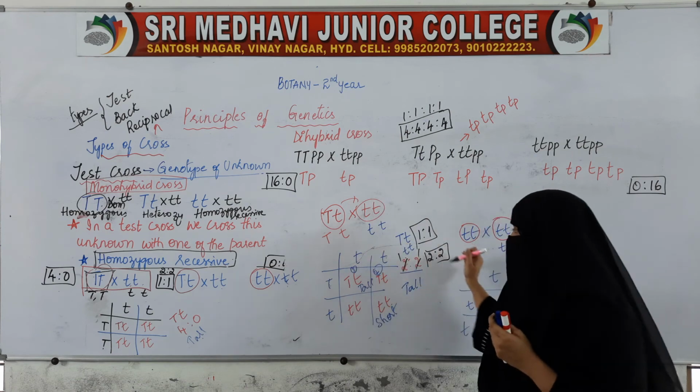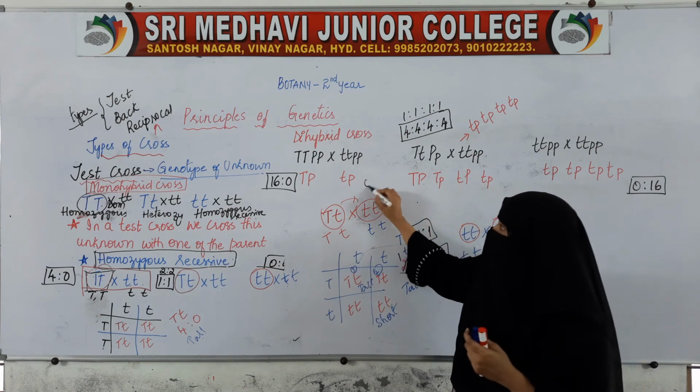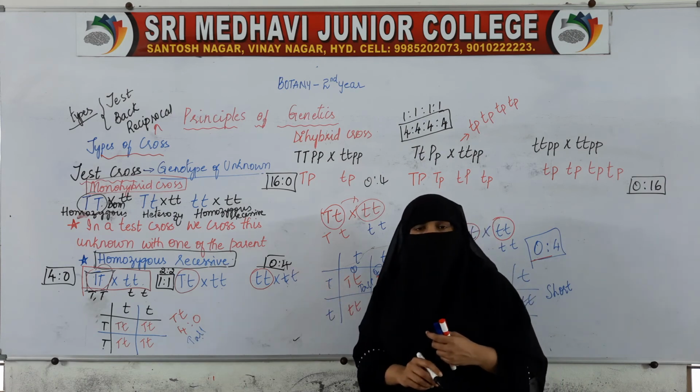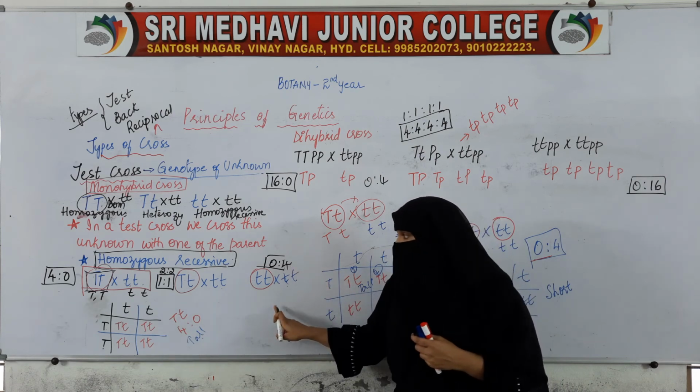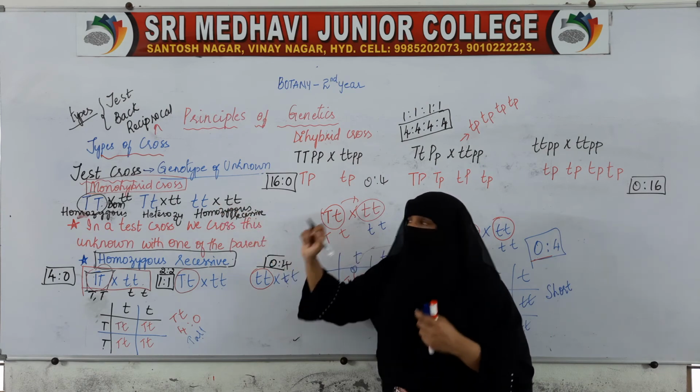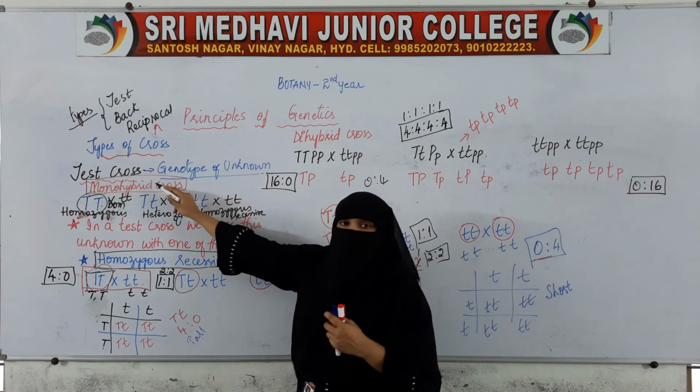And if you have the ratio as 0:4, then the unknown will be homozygous recessive.